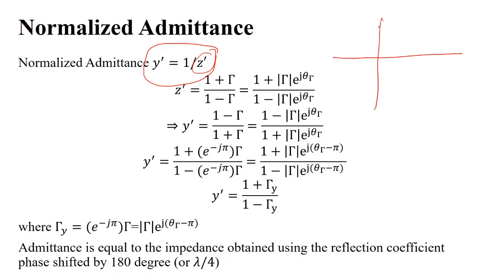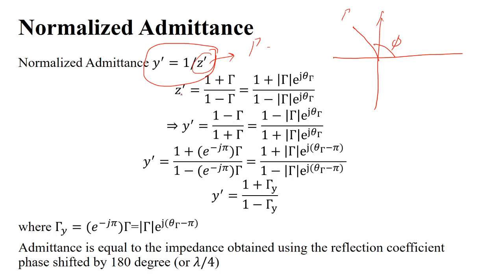So what do you do here? If you know the normalized Z, you can find its equivalent gamma with its magnitude and phase. For example, you get here this equivalent gamma and this is the phase phi. So you can have a relation here. Z is given by (1 plus gamma) over (1 minus gamma), where gamma has a magnitude and phase.